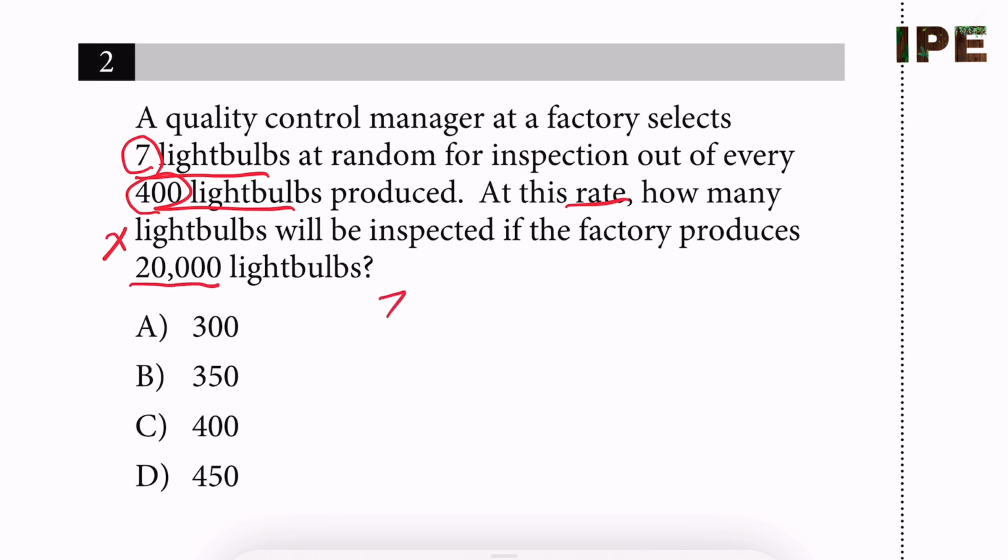So 7 to 400, the number of light bulbs for inspection, to the number of light bulbs they produced. That's 7 to 400. That equals X to 20,000.